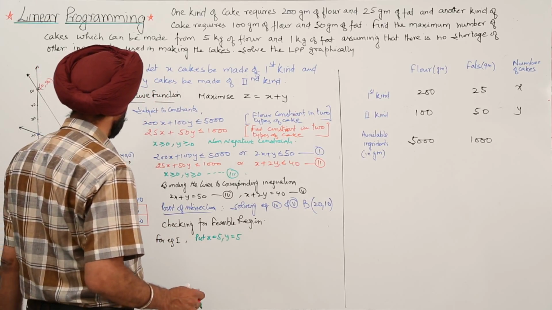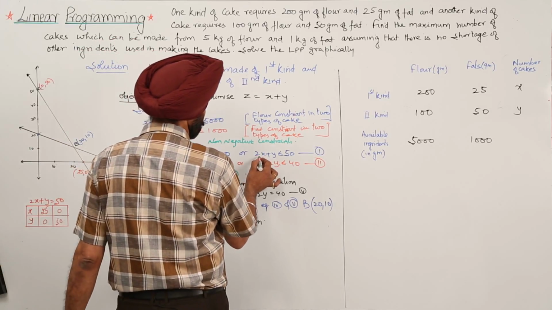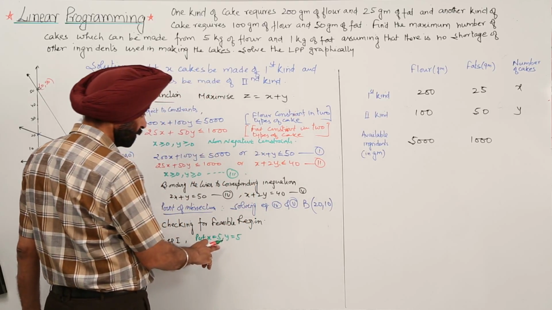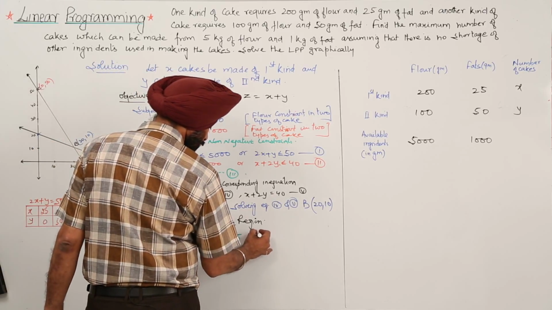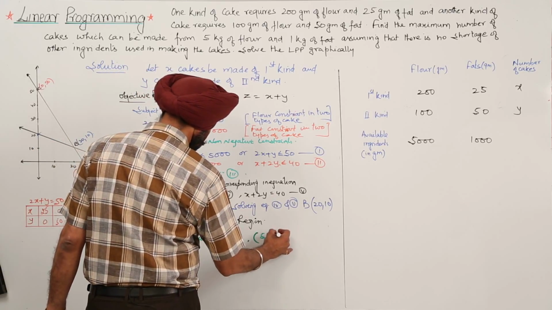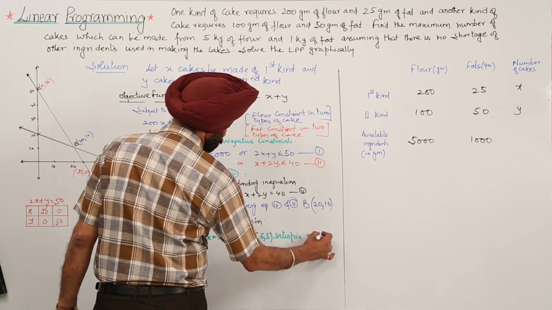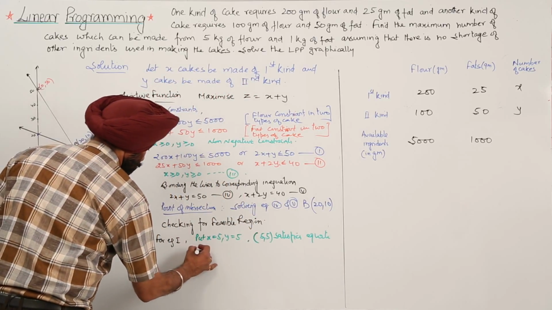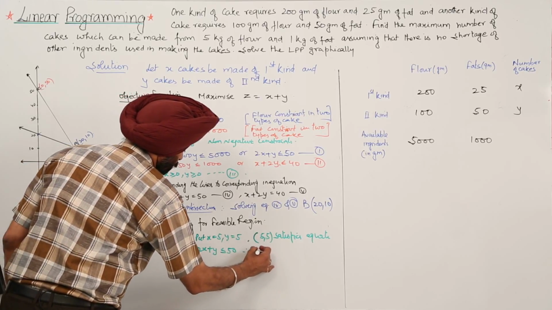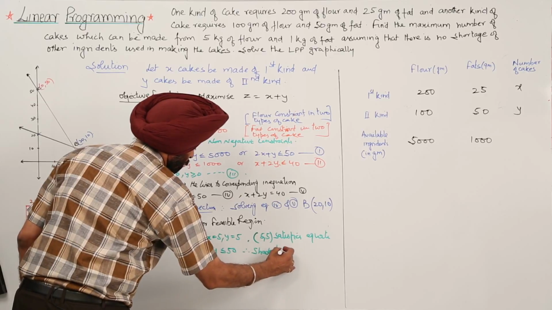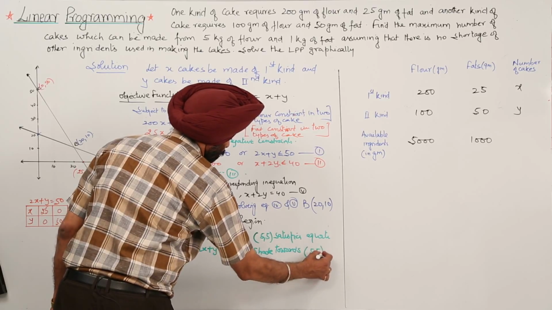Let's check it. 2 times 5 is 10, plus 5 is 15, and 15 is less than 50, therefore 5 comma 5 satisfies 2x plus y is less than or equal to 50, therefore shade towards 5 comma 5.